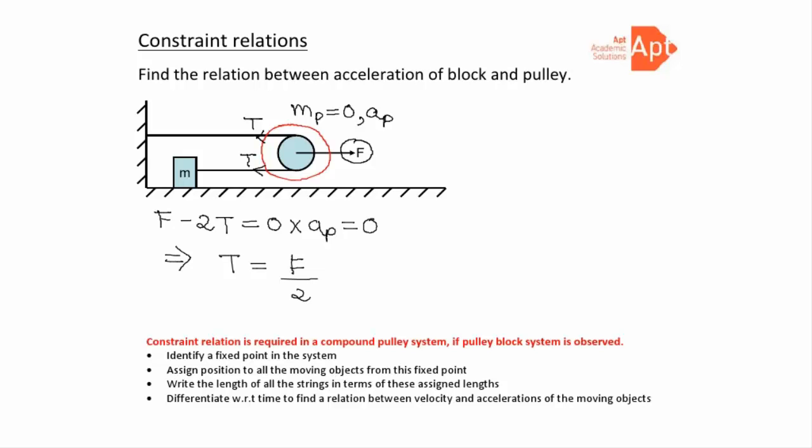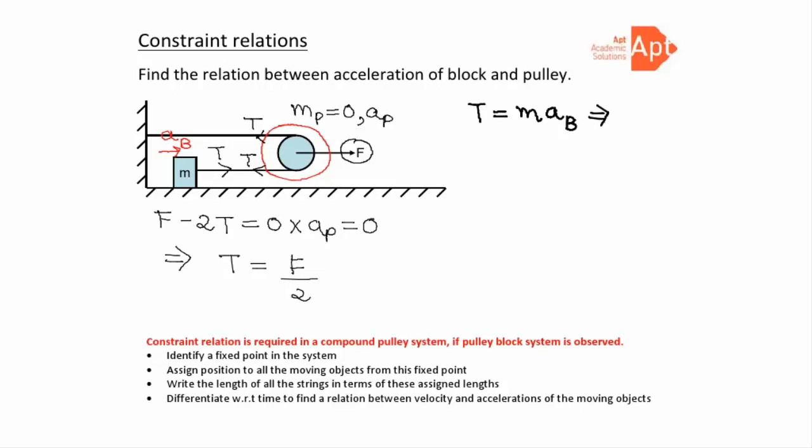Now if we draw the free body diagram of the block, the force acting along the horizontal direction is T, and let's say the acceleration of the block is AB in the forward direction. So this is the force equation of the block: tension T is equal to the mass of the block M into the acceleration of the block AB.